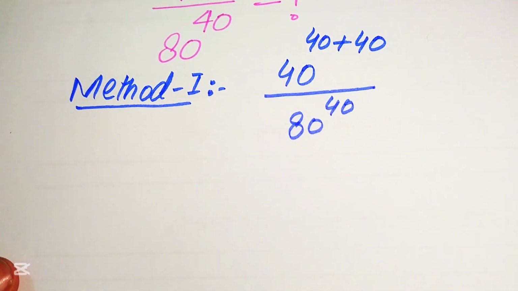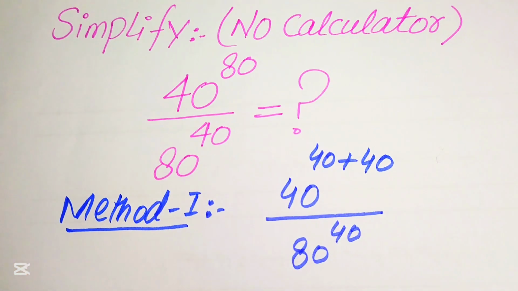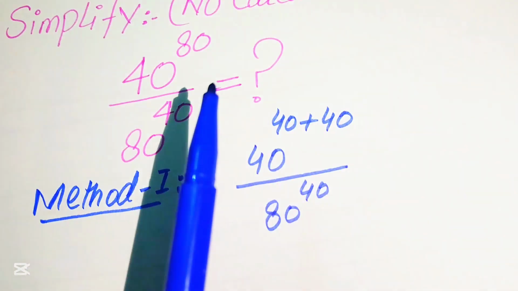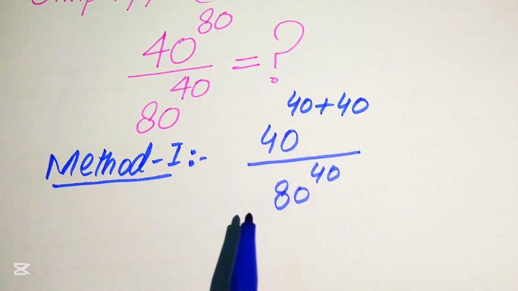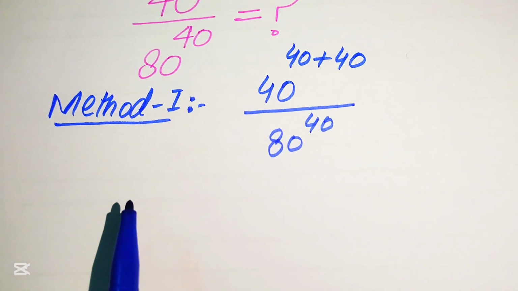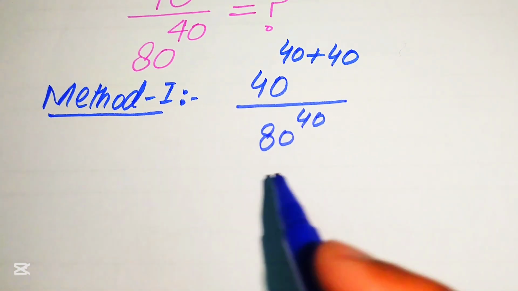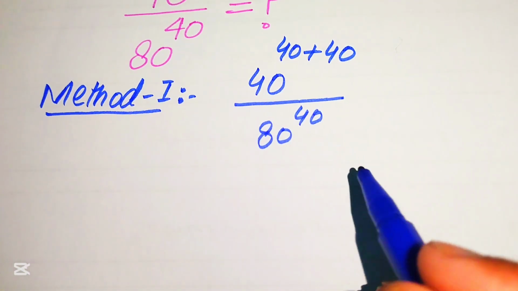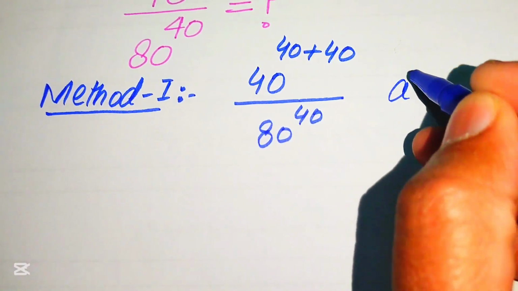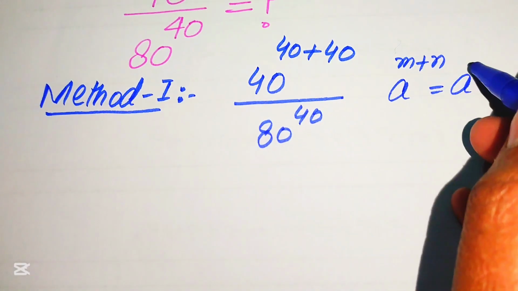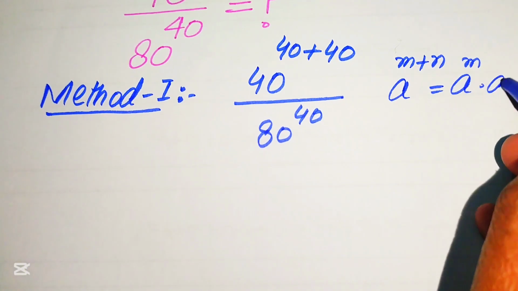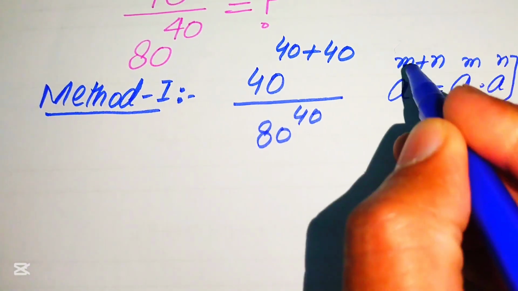Remember that a calculator is not allowed in this problem, so we will show all of the working here. Now we move forward, and here we can use the exponent law. You know that a to the power of m plus n equals a to the power of m times a to the power of n.